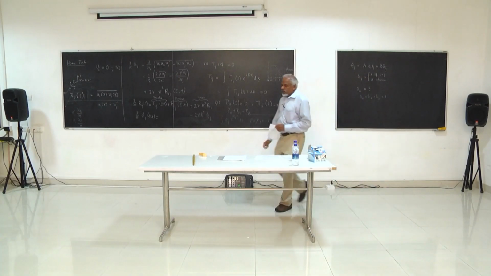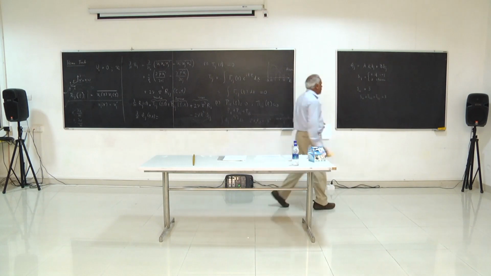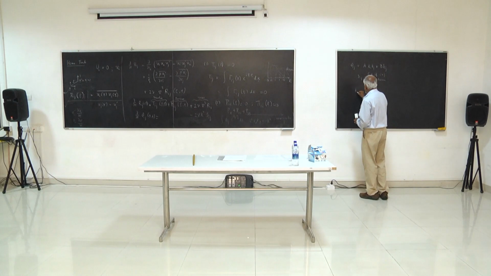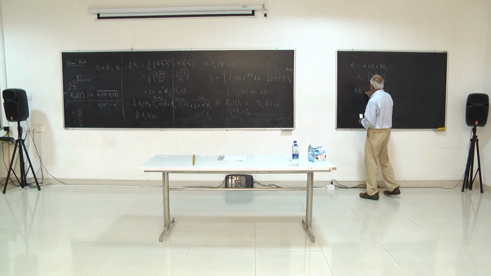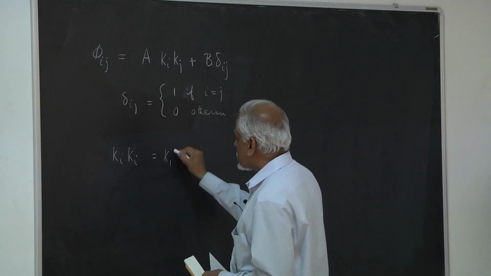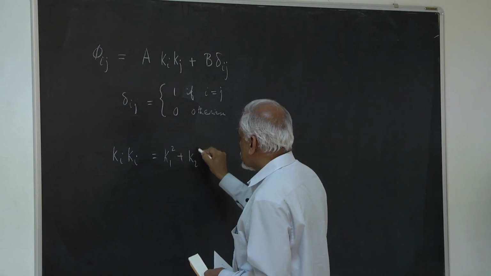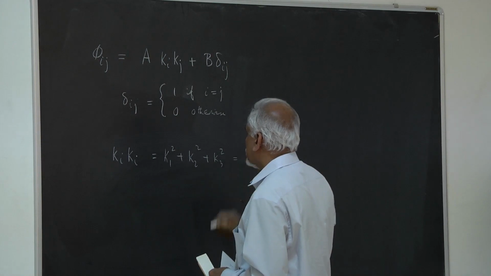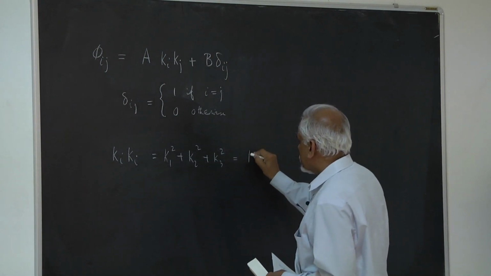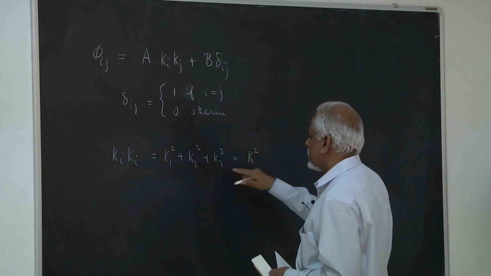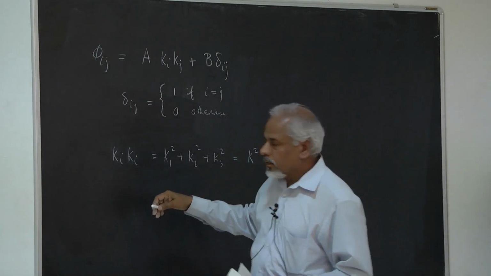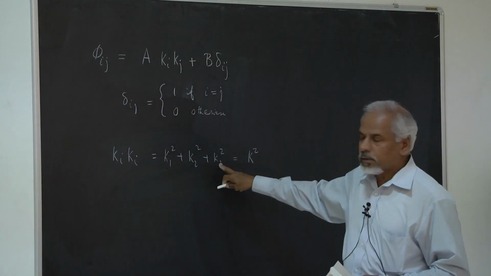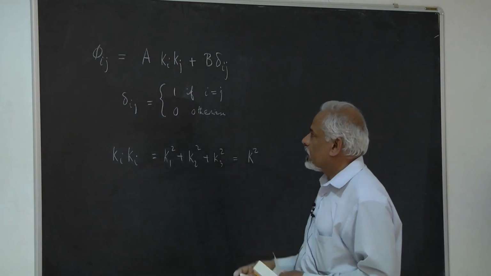And what is Ki Ki? This is equal to K1 squared plus K2 squared plus K3 squared. That's simply K squared, you know. You see what I'm saying? These are the components of the wave number vector, and you will have K squared.